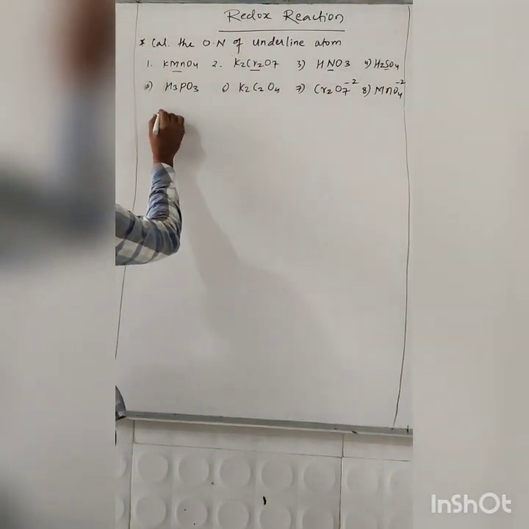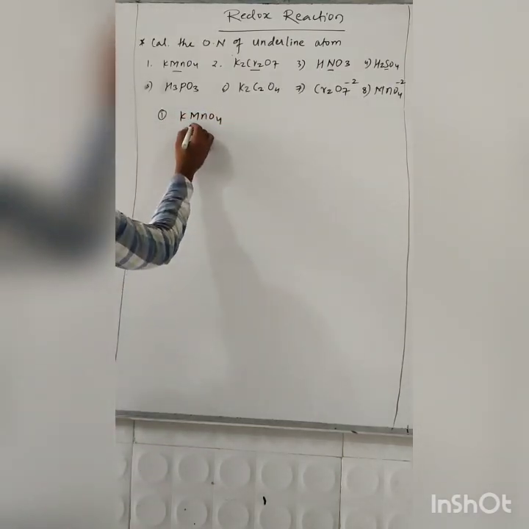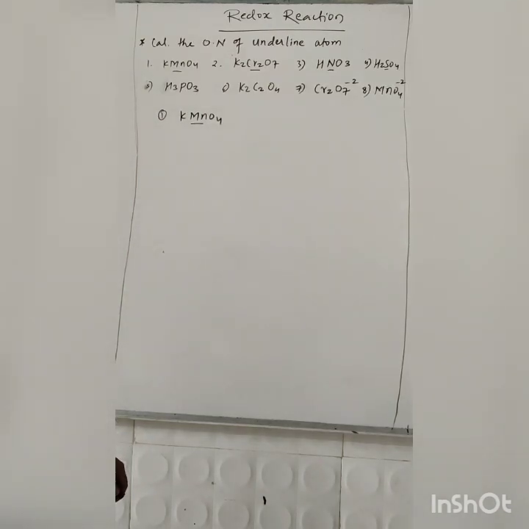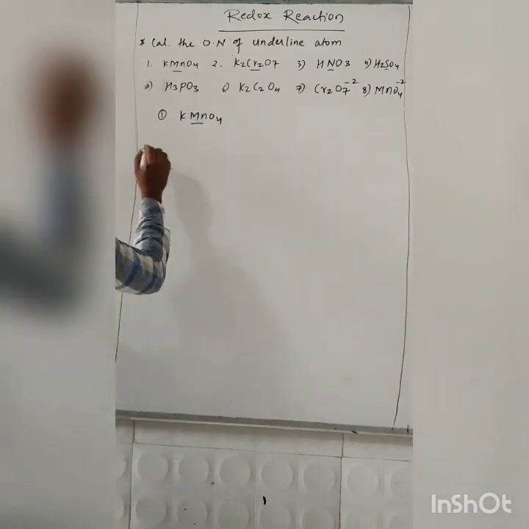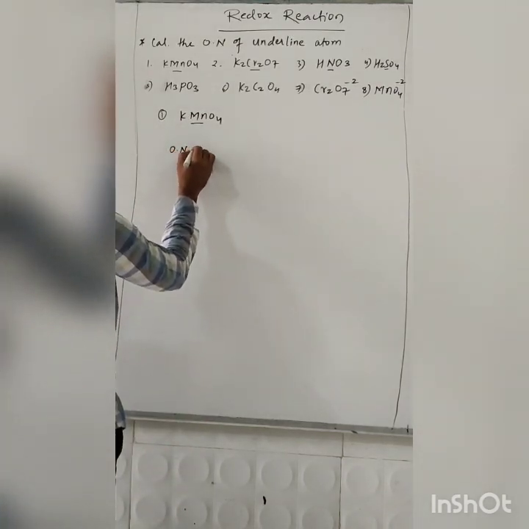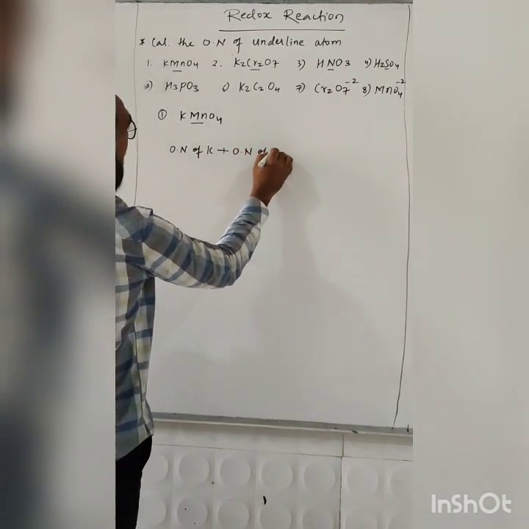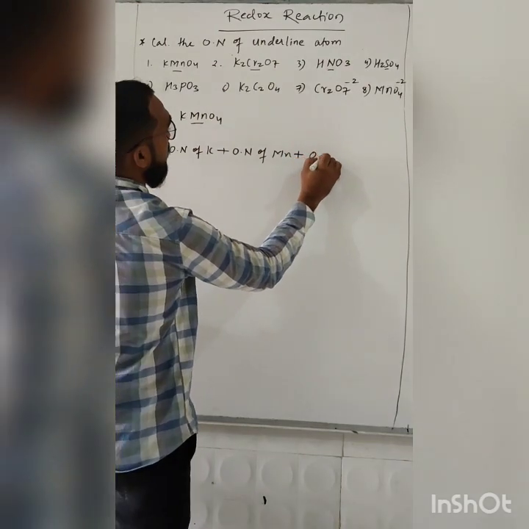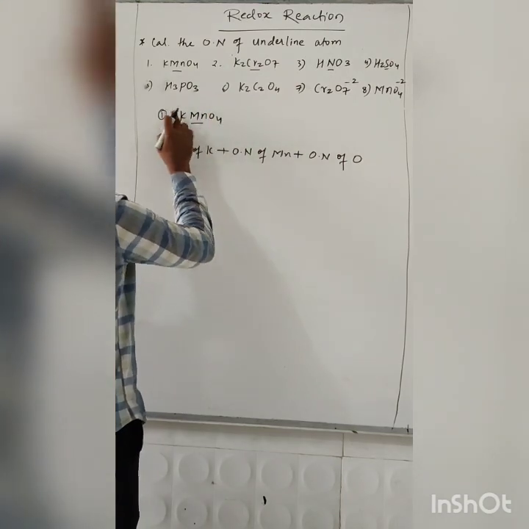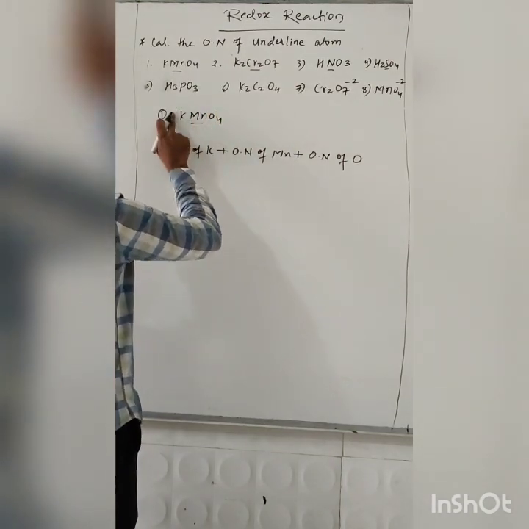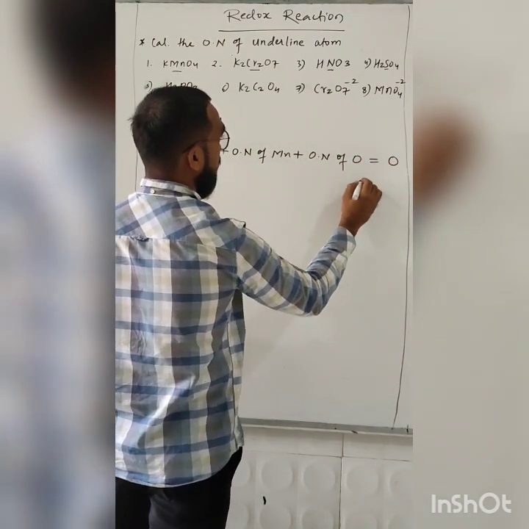First, we will calculate the oxidation number in KMnO4. In that the underlined atom is Mn, manganese. So we have to find out the oxidation number of Mn. Oxidation number of potassium plus oxidation number of Mn plus oxidation number of oxygen. This KMnO4 molecule does not have a charge, means it is equal to 0.